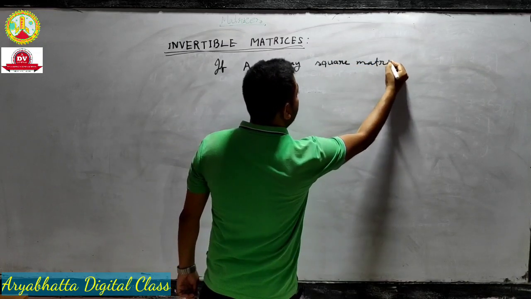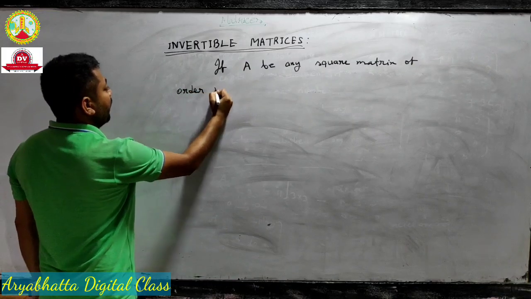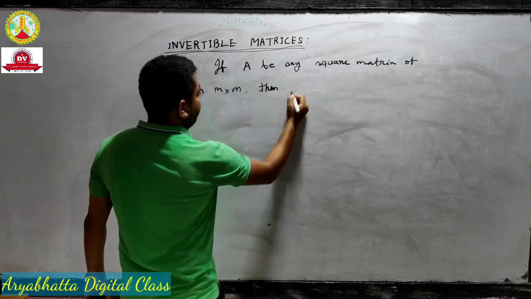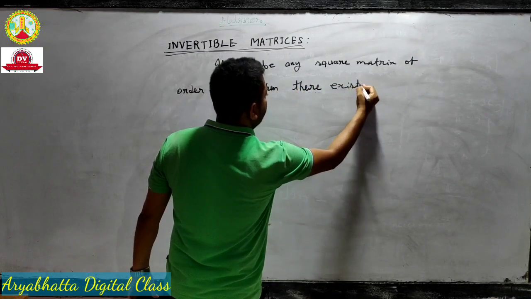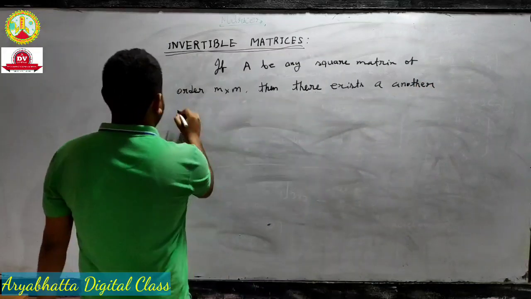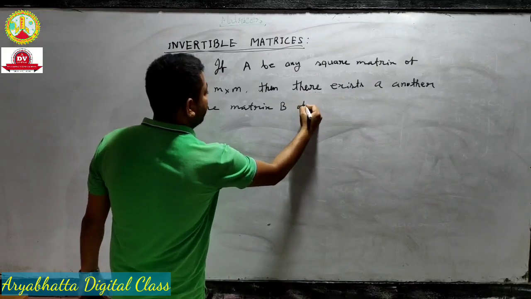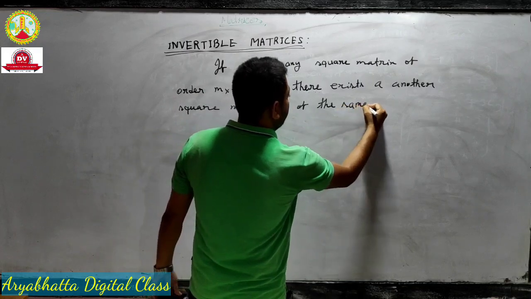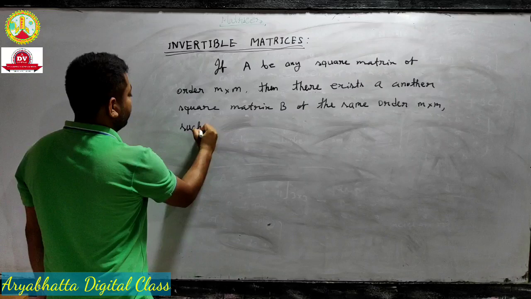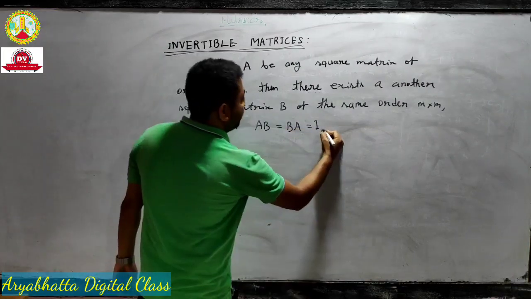Square matrix of order m by n, then there exists another square matrix B of the same order m by m, such that AB equal to BA equal to I, the identity matrix of order m by m.